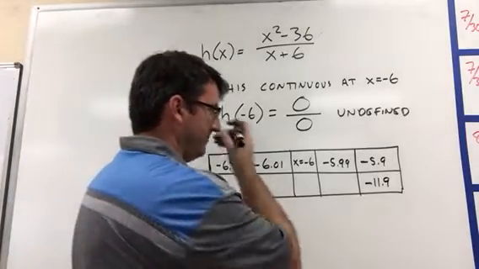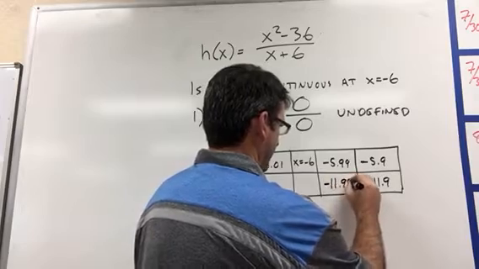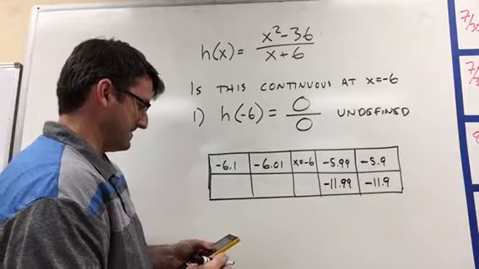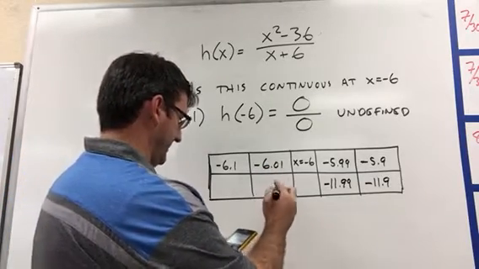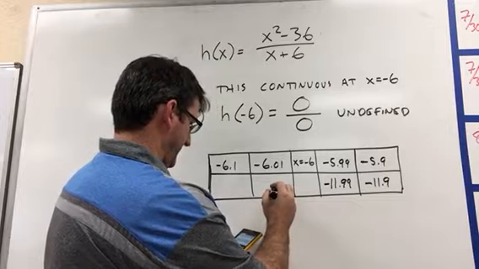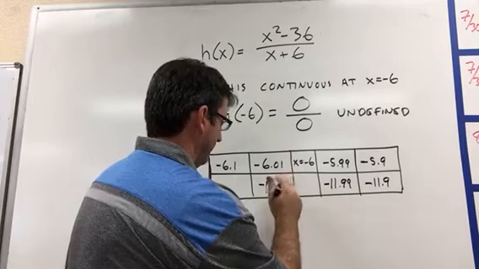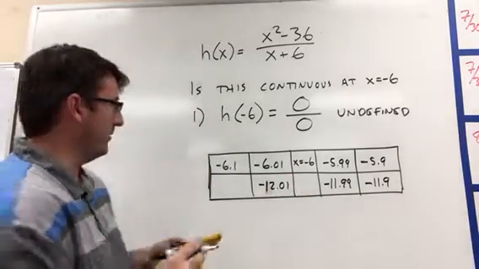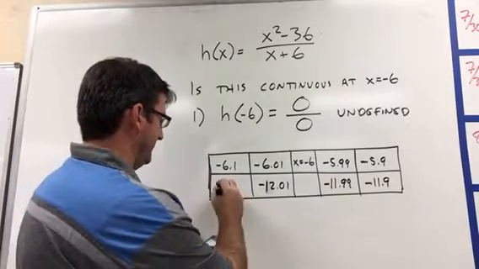For negative 5.99, I got negative 11.99. And over here at negative 6.01, I got negative 12.01. And at negative 6.1, I got negative 12.1.